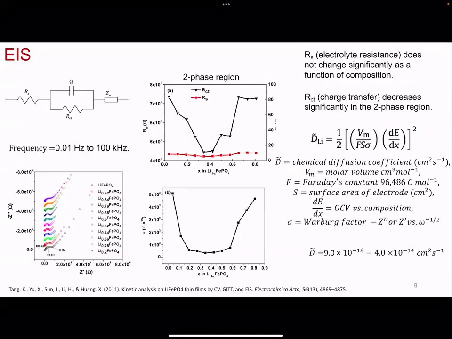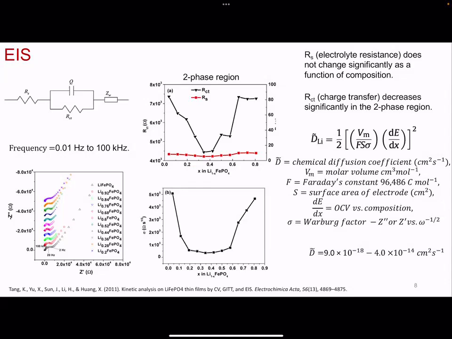Now, if you do EIS to compare with GITT, here they did EIS of lithium iron phosphate at different compositions of lithium ions, and they see something similar where the Warburg coefficient also dips, and then the charge transfer also dips, but the diffusion through the liquid electrolyte that's in the system doesn't dip.